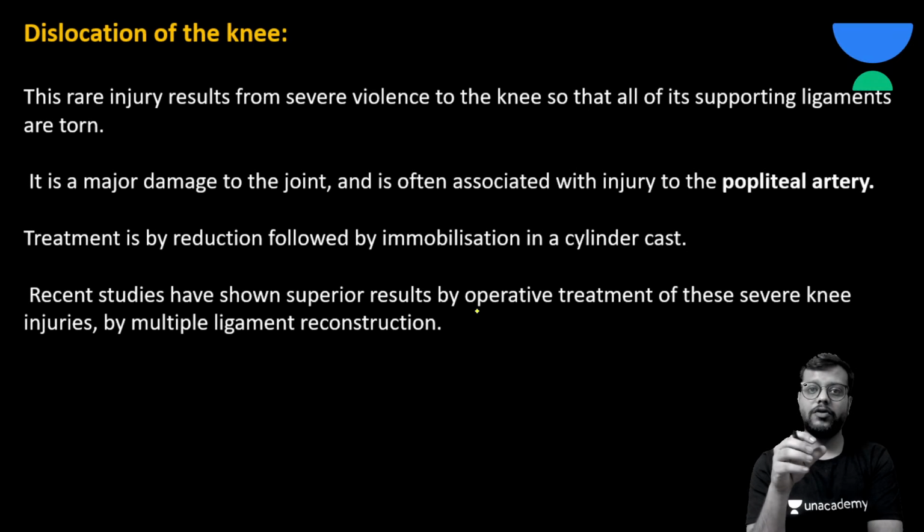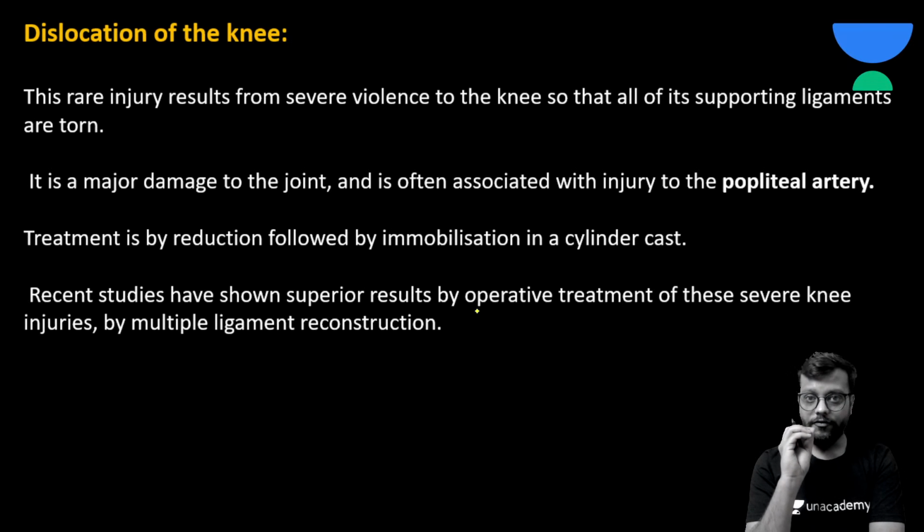Because if the knee is dislocated, the important ligaments like the cruciate ligaments, the menisci and all, will get torn. Okay, and mostly such injuries are associated with vessel and nerve injuries, because many important vessels and nerves go through the knee joint, especially from the popliteal fossa.